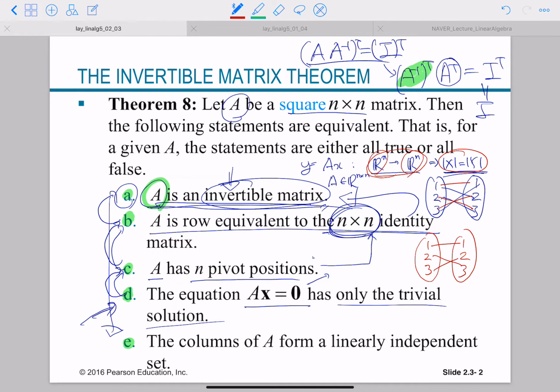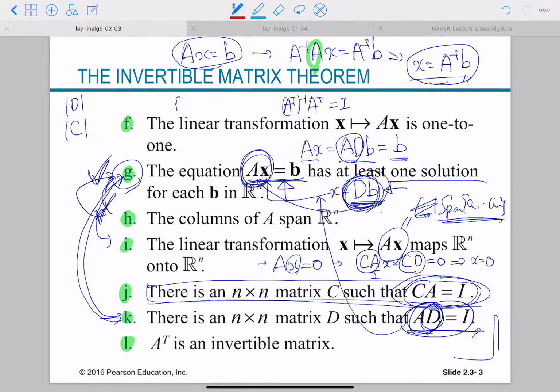There was a 1-to-1 condition, and also there was an onto condition, and those two are satisfied. Also the existence of our solution for any v, and the uniqueness of our solution for the homogeneous linear system, these are all equivalent as well. So if one is satisfied, then all the others are satisfied.